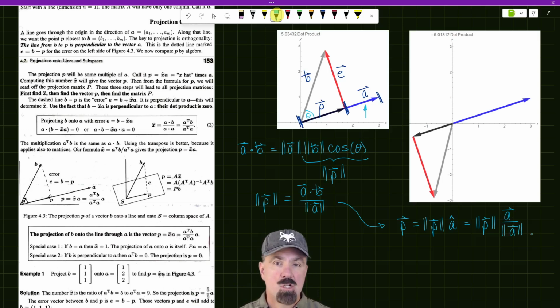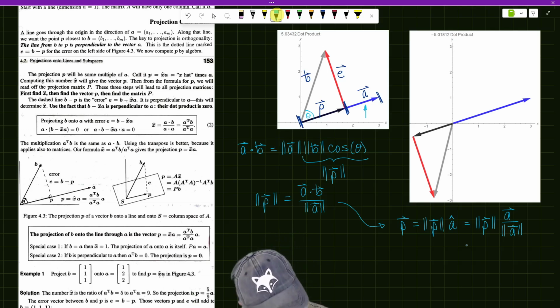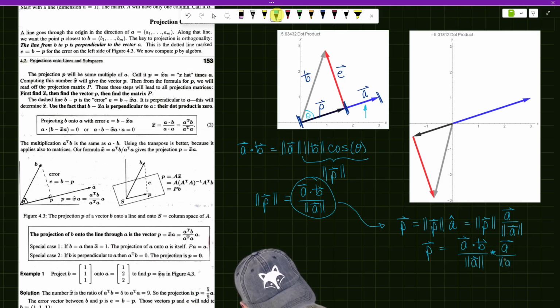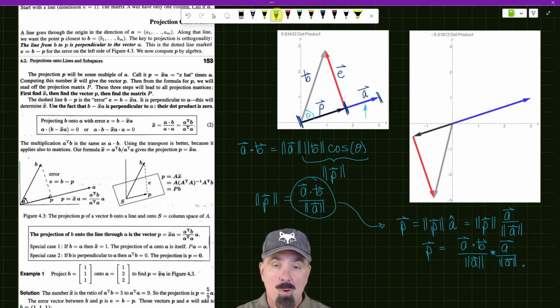Now what I'm going to do is just show you a couple of steps of algebra about how we can rewrite this. This P vector then is equal to, and I'm going to come back in and substitute this item here, A dotted with B divided by the magnitude of A times the A vector, and that's not our dot product, that's multiplication there, divided by the length of A. And so what we have in the denominator is really the length of A squared.